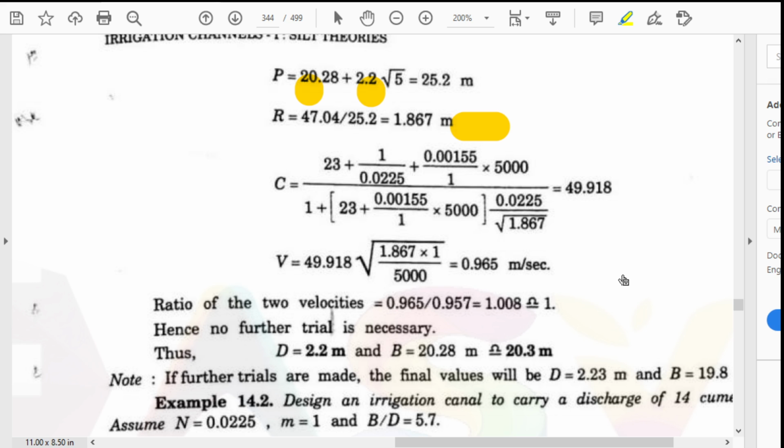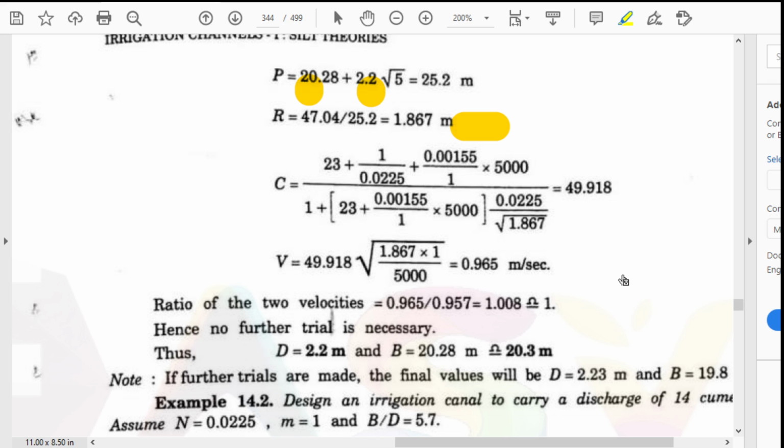Now you can see that both the velocities are somehow the same: the first is 0.957 and the second is 0.965. So the ratio comes out to be approximately 1.